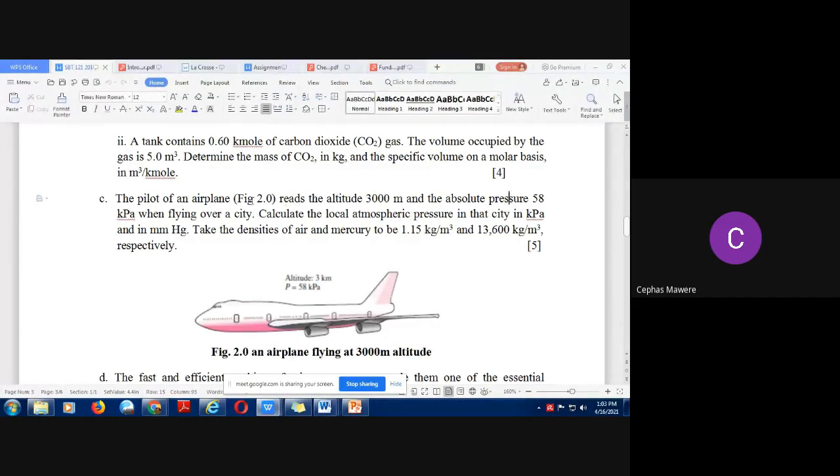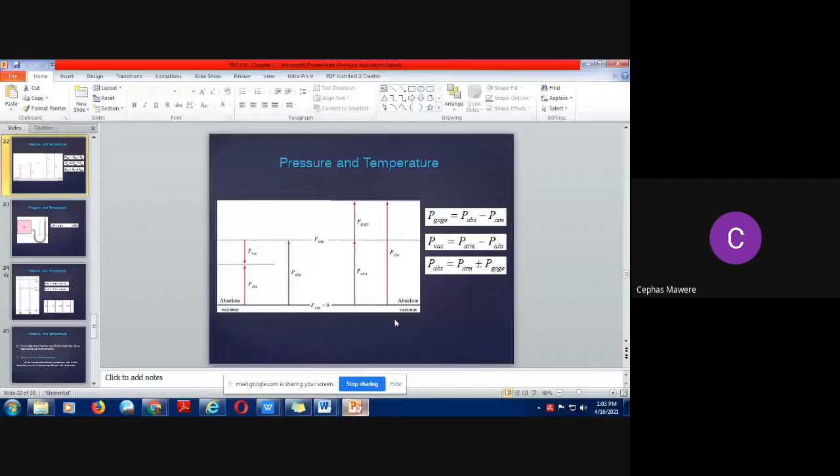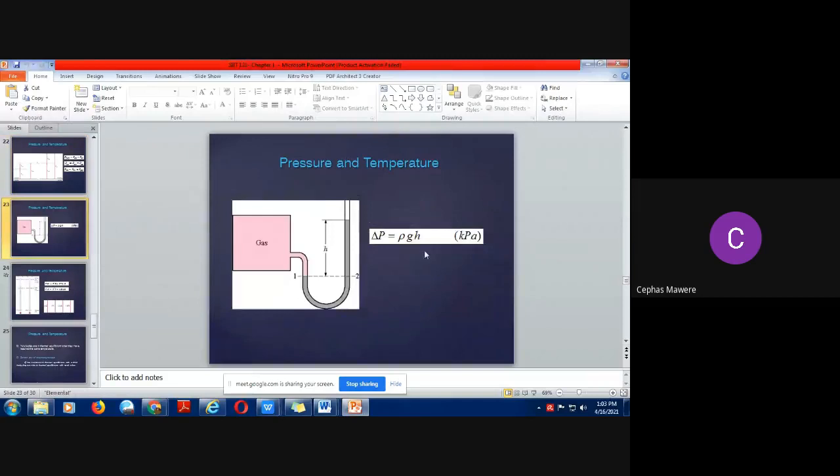The gauge pressure we can easily calculate using the given information on the density of the air and the density of the mercury. We can also use the height which we have been given here, since we can easily calculate any pressure, including the gauge pressure, using the formula rho g h.